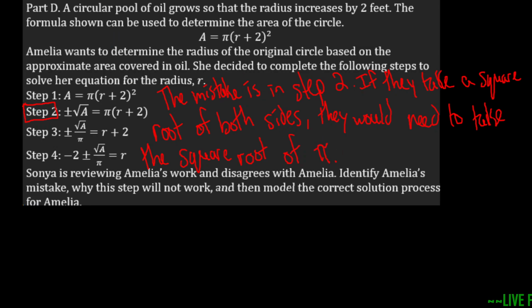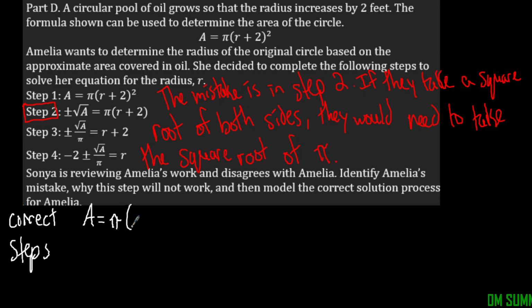So instead, what we're going to do is show our work and solve it. Let's mark it here, correct steps, up on the side here. We start with A equals pi times (r plus 2) squared.